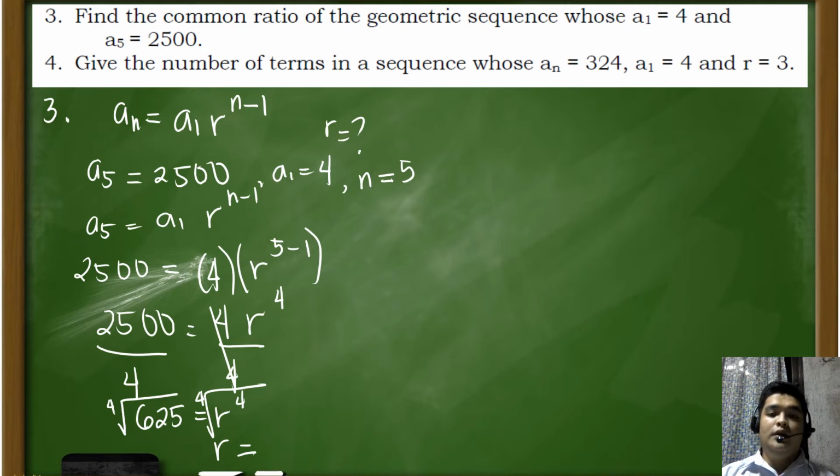Okay, very good, no? It should be 5, right? 5 times 5 times 5 times 5 is 625.